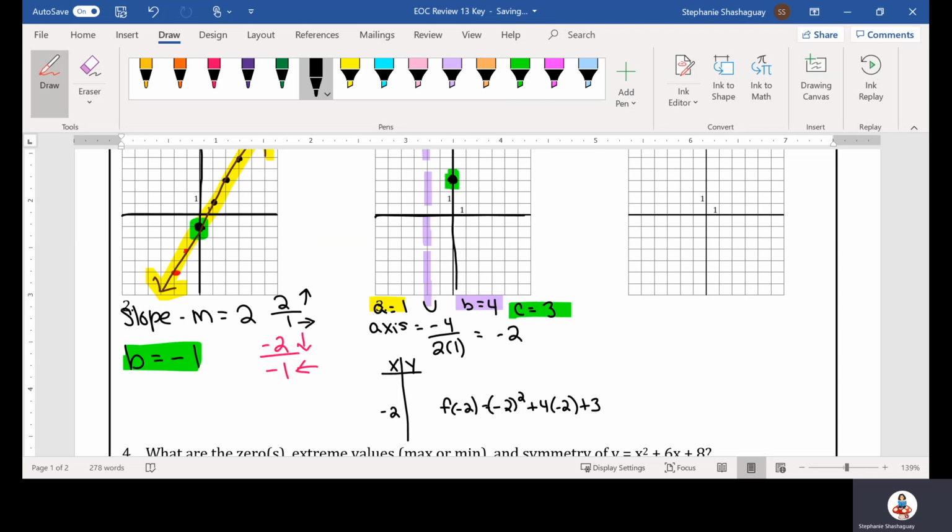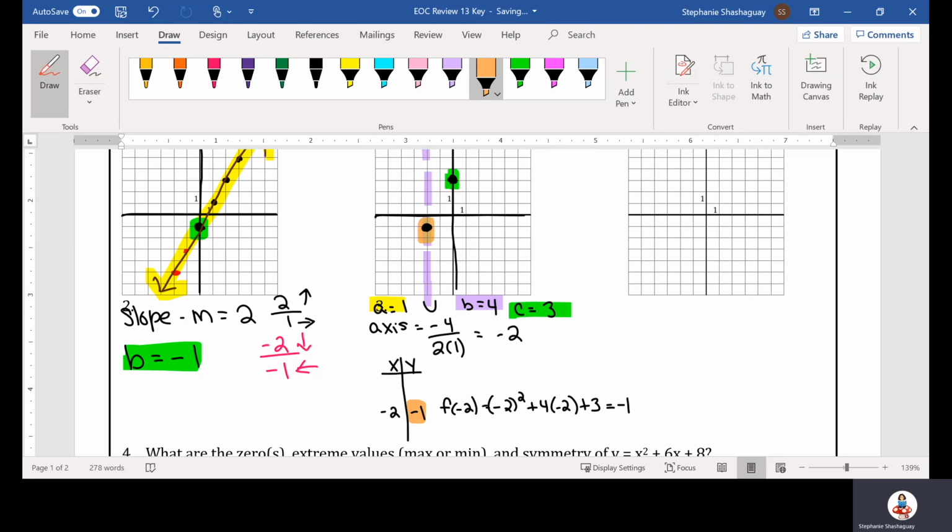Well, negative 2 squared is 4. 4 minus 8 is negative 4, plus 3 is negative 1. So my y value for my vertex is negative 1. So negative 2, negative 1. Here is my vertex.